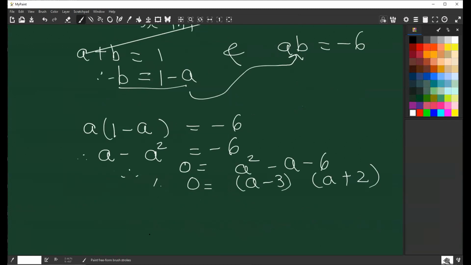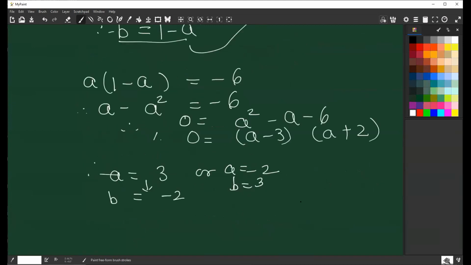You got it? So the values of a are 3 or -2. So when a is 3, b will be -2. And when a is -2, b will be 3. So you have to consider both the cases. See, in every case, their sum is 1 and their product is -6.